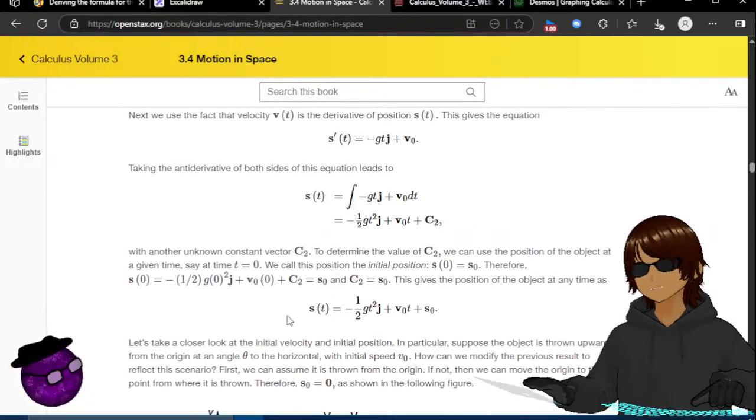Sorry, I mean over here. 9.32, initial velocity, and then initial distance is 0.